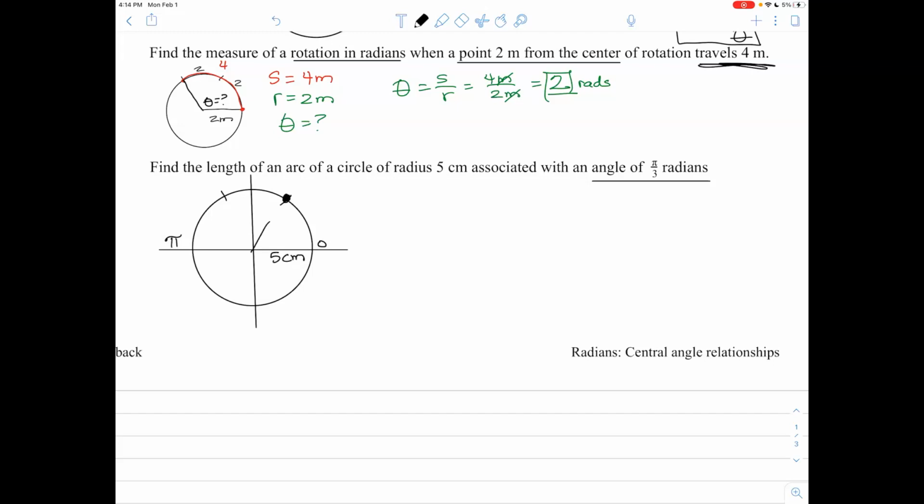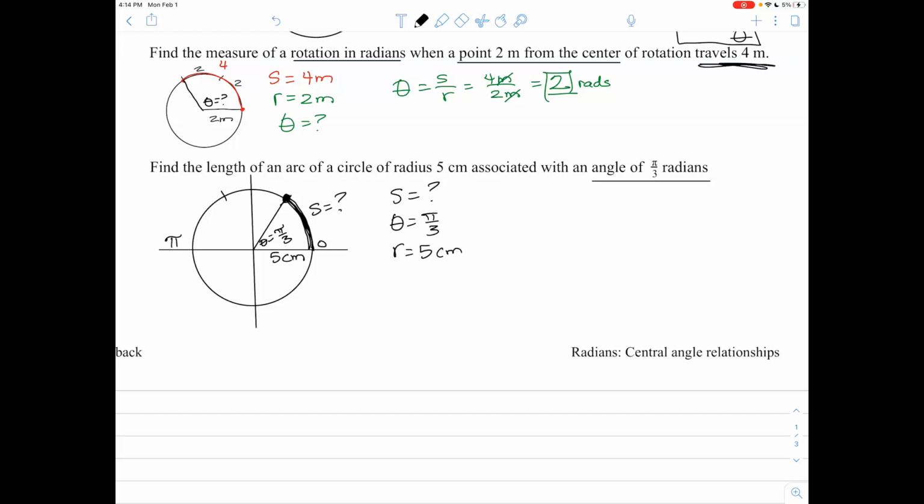So this is the measure, theta equals pi over 3. And what we want to know is, what is that arc length right there? What is that arc length? So we have S, I don't know, theta is pi over 3 radians, and radius is 5 centimeters.